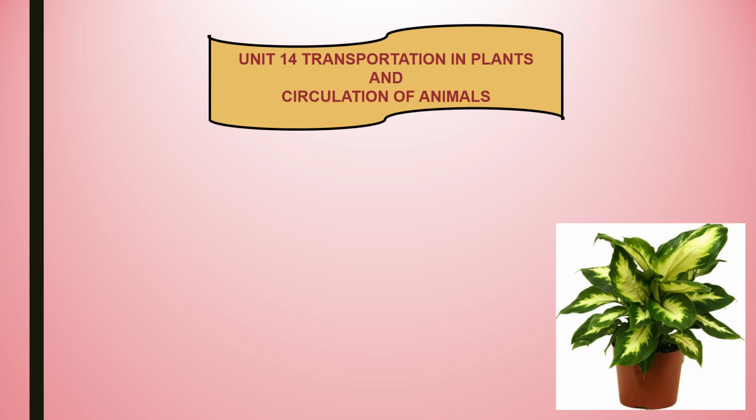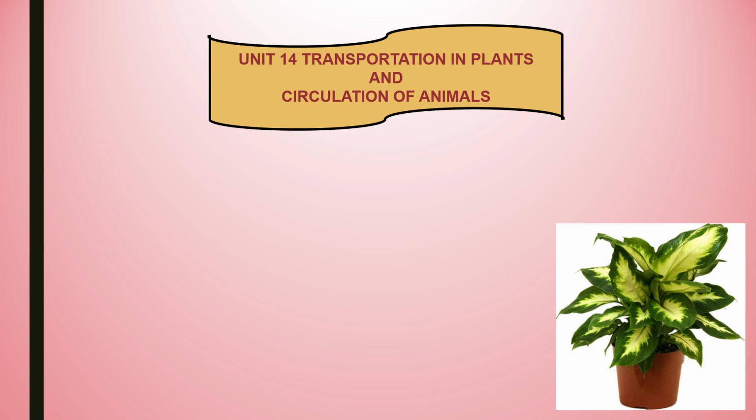Last class, in the same unit, we saw root hair water absorbing unit, pathway of water absorbed by root, types of movement in the root cells, transpiration, and importance of transpiration.